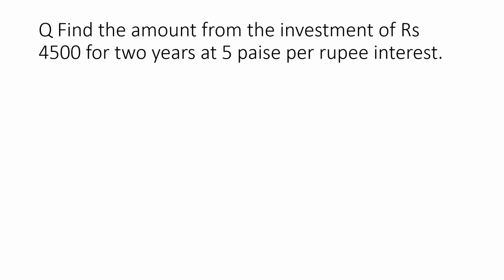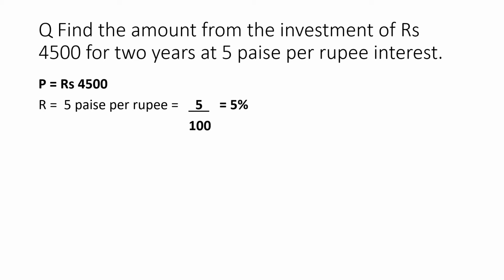Moving to the next question: find the amount from the investment of rupees 4,500 for 2 years at 5 paisa per rupee interest. For amount, we need simple interest. Principal is given to us, that is 4500. Now, rate is 5 paisa per rupee. Converting it, paisa per rupee means 5 by 100, because 1 rupee is equal to 100 paisa. If you convert it into percent, that is 5%.